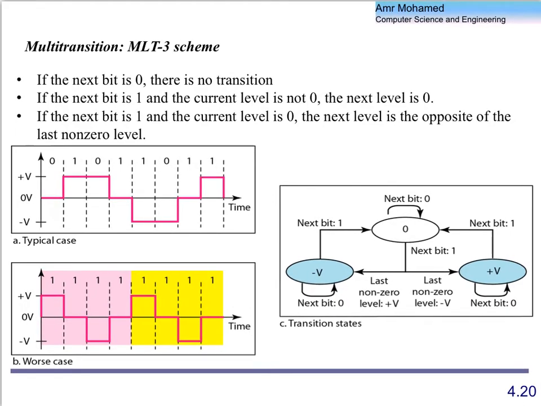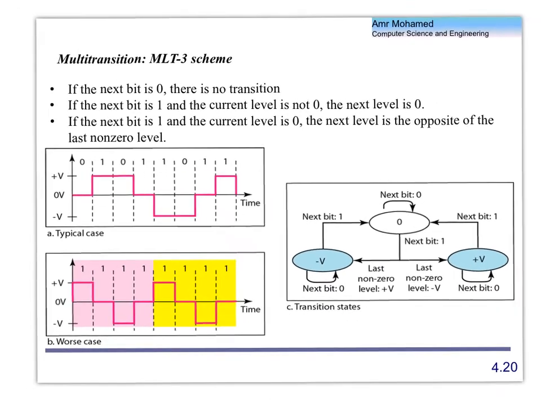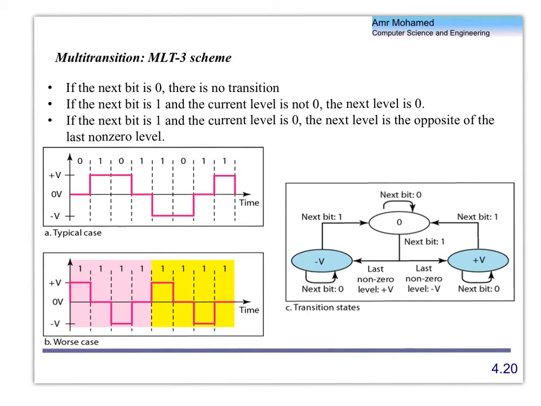And for multi-level category, as we said, if we don't have any degrees of freedom, then we end up with issues like DC component and lack of self-synchronization. But if we have more degrees of freedom, then we can use these signal combinations to try to enhance the error detection and the self-synchronization feature.